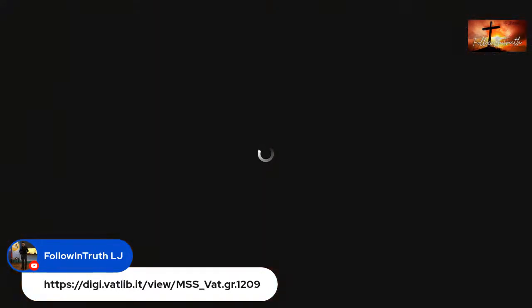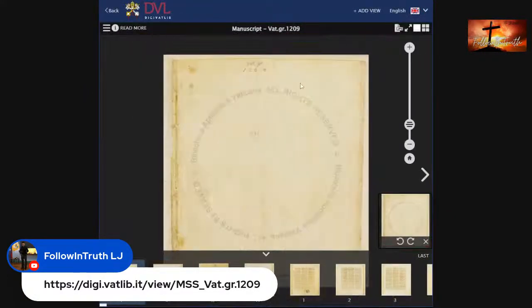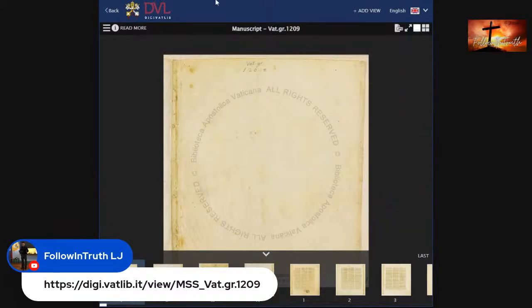This is Vaticanus, so that's the website for the Vaticanus manuscript. It's all online. So there you go, that's the Vaticanus website. So you can make that bigger or smaller.